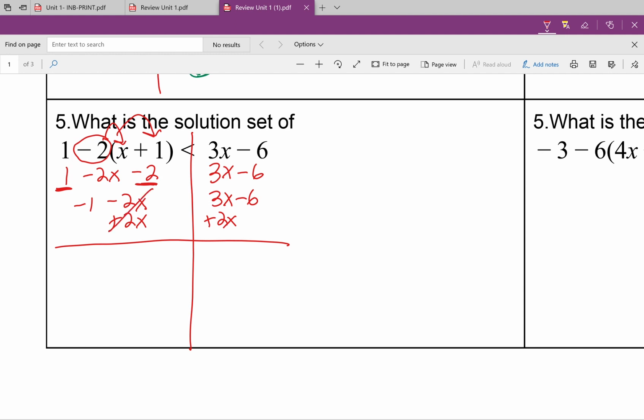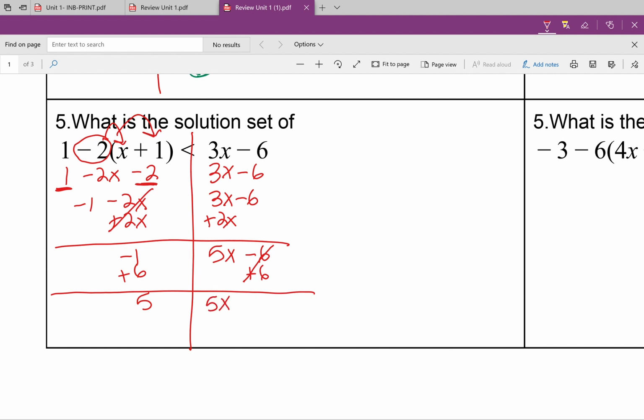These ones cancel and I'm left with a negative 1. And then 3x plus 2x is 5x. Bring down the negative 6. Then I'm going to add this 6 so I can get all my numbers onto one side. So negative 1 plus 6 is 5. And then I bring down this 5x.